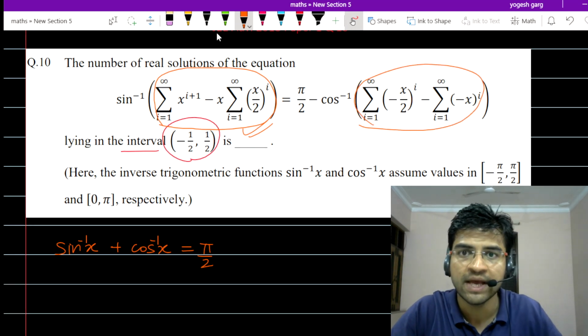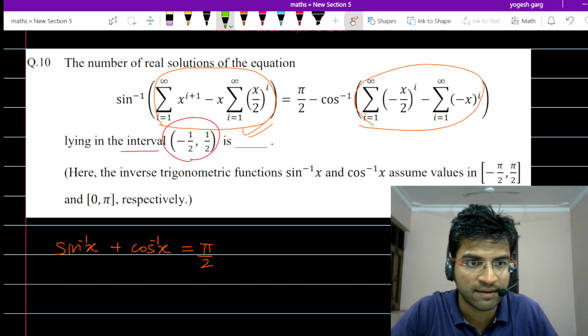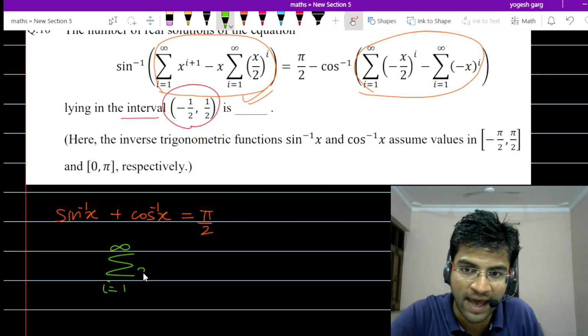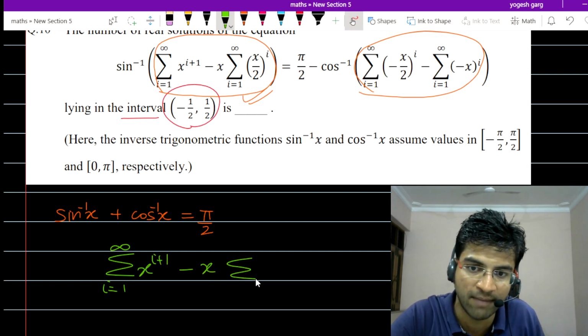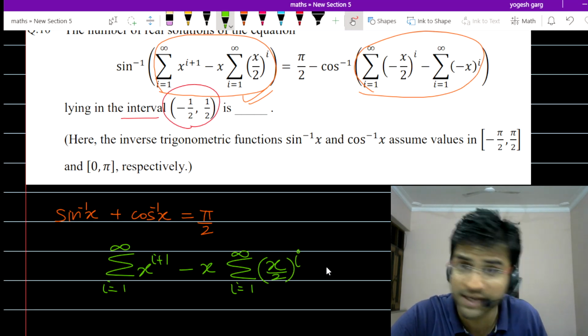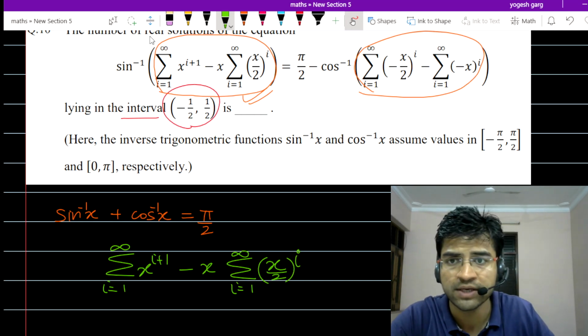It means that sigma i equals 1 to infinity x to the power i plus 1 minus x into sigma i equals 1 to infinity x by 2 to the power i, right? It is not iota, remember, it's not iota.